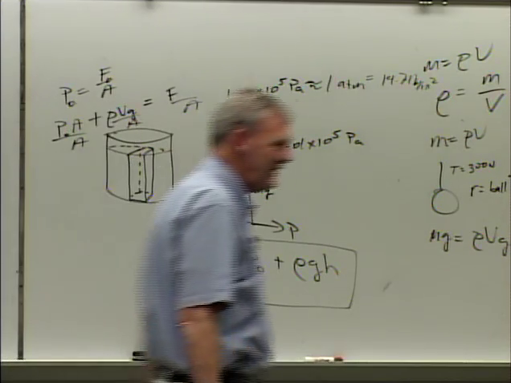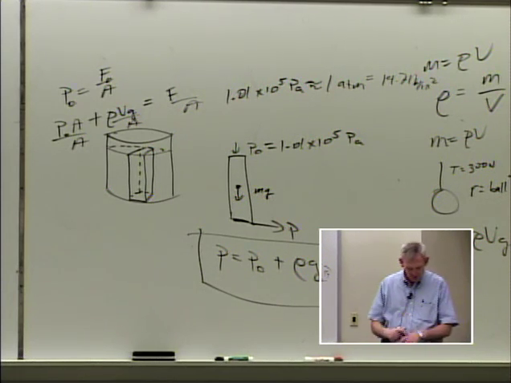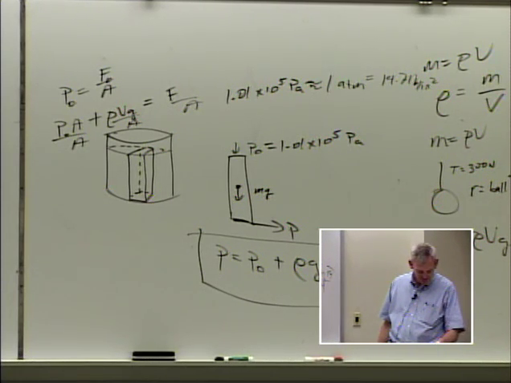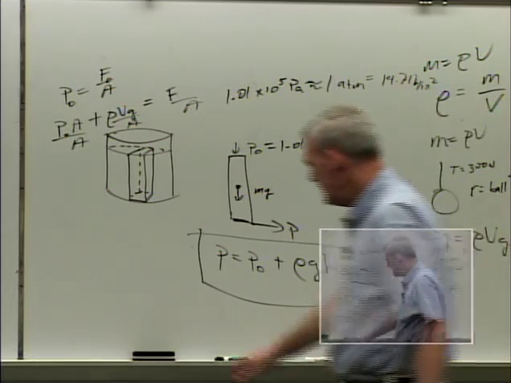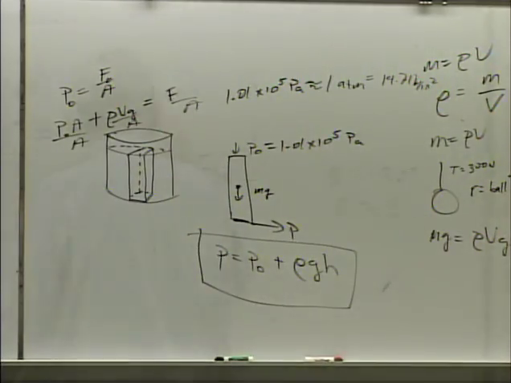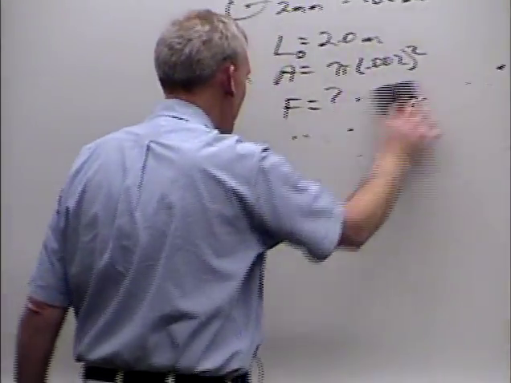All right, now let's look at the first example of this. It says, what's the total pressure on the back of a scuba diver in a lake at a depth of 8 meters? So you've got the scuba diver, and he's down below the water at 8 meters.